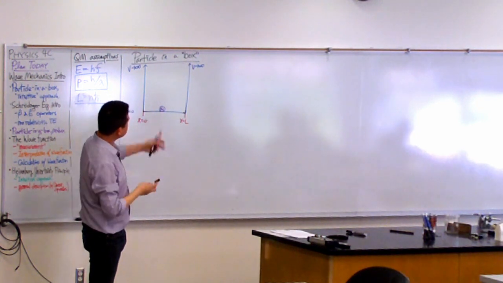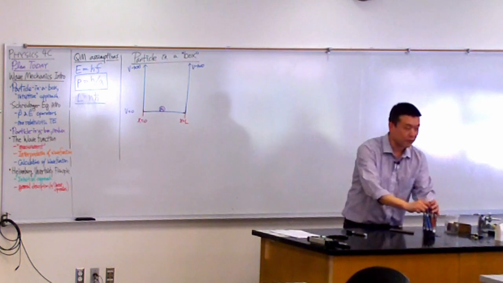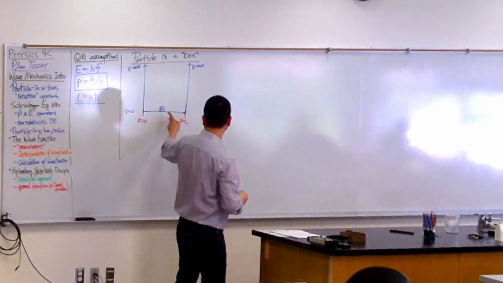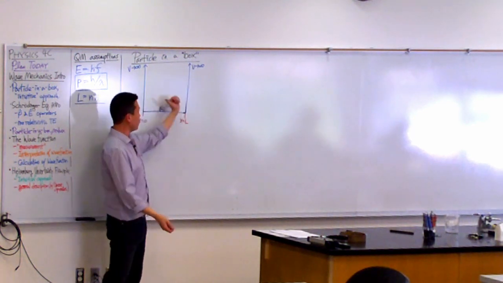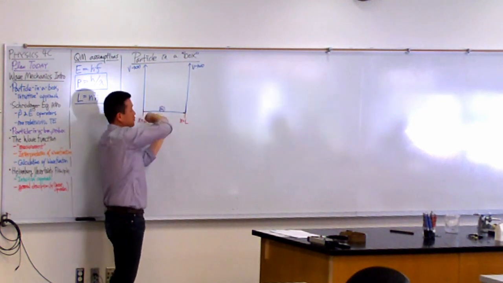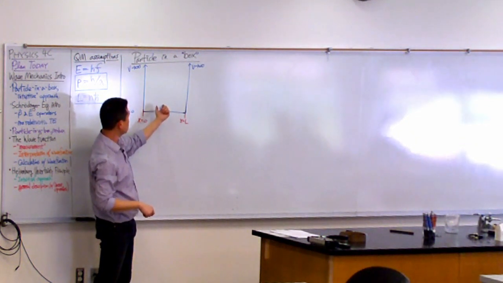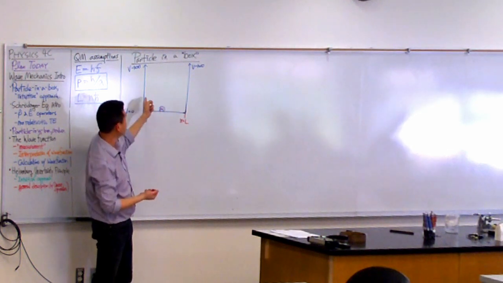So we call this a particle in a box because that's the visualization of what it represents. Imagine the motion of a particle that's here. Let's say it has some kinetic energy. It would, let's say, start by going to the left. When it encounters this wall, however much kinetic energy it has, it's not going to be enough to climb this potential wall.